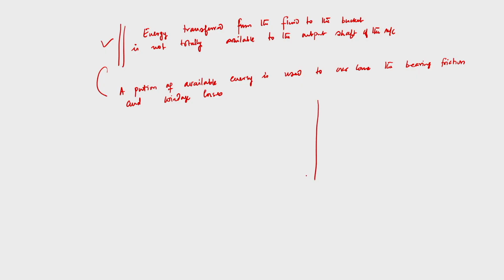Now, if I try to draw the efficiency versus speed ratio, U by C1 on one axis and efficiency eta on the other, maximum efficiency is obtained when U by C1 is equal to 0.5.